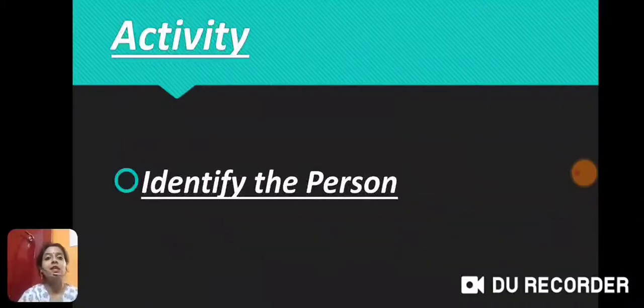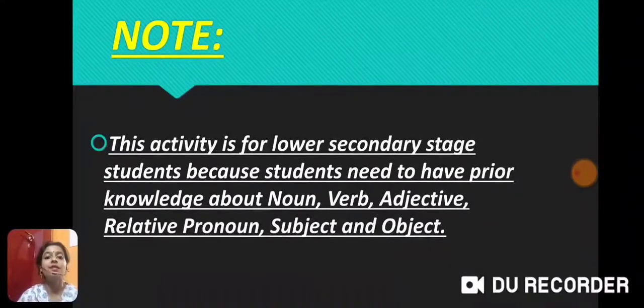Alright. Now we will start with today's activity, and the name of this activity is Identify the Person. See, there is a note. This activity is for lower secondary stage students because students need to have prior knowledge about noun, verb, adjective, relative pronoun, subject and object.